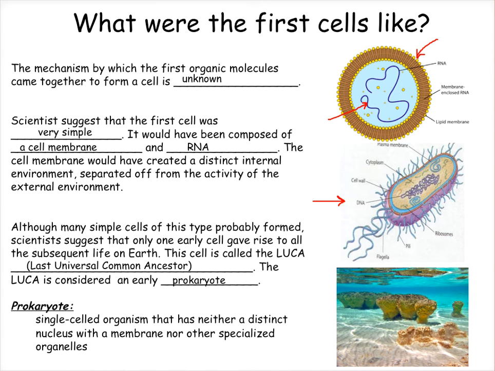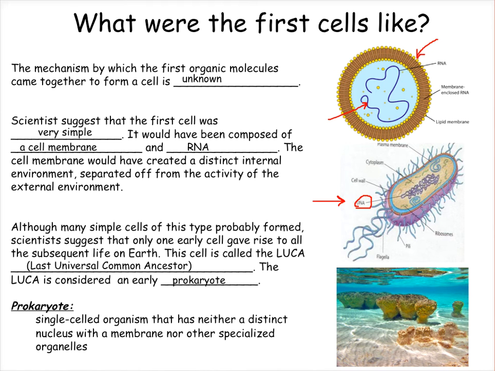You can see in this picture that there's a little bit of hereditary material, DNA, clumped on the inside, but that DNA is not contained within a distinct membrane-bound nucleus. Instead, it just kind of floats there in a clump. As well, if you investigate the contents of this bacterial cell, you'll notice that aside from some ribosomes, there really are no other organelles.